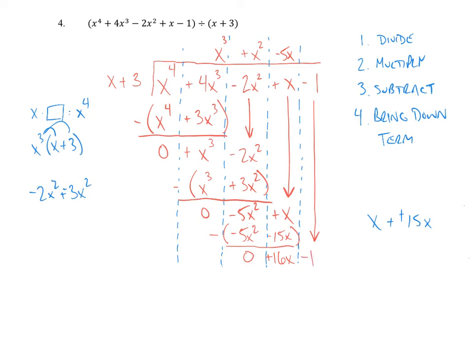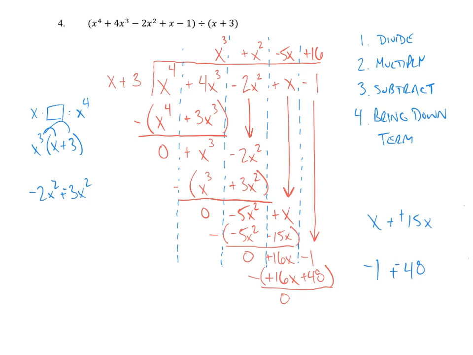3 cycles done. Now let's see, x goes into 16x 16 times. 16 times x is 16x. 16 times 3 is 48. We put this in parentheses and subtract. We get a 0 here. And negative 1 minus 48 is the same as negative 1 plus negative 48.